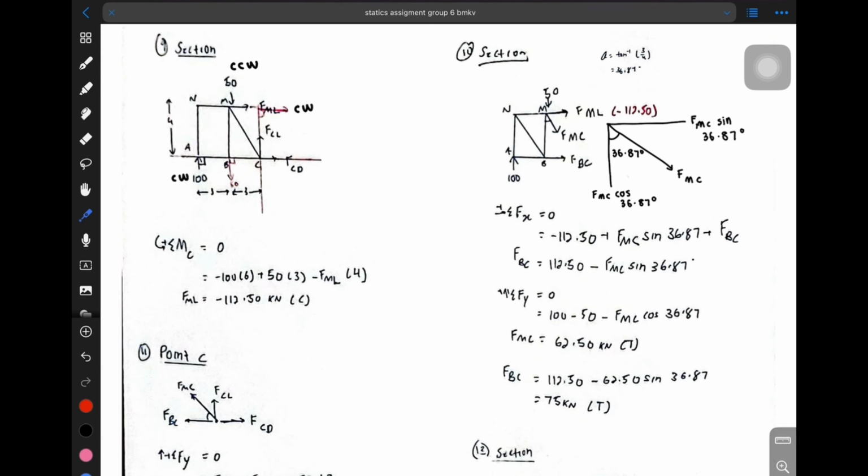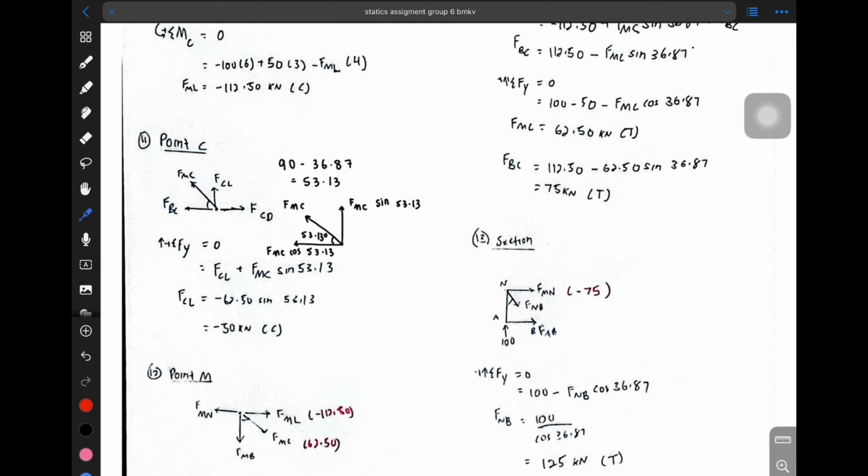So when we get the FMC, we can replace it in the FBC. So FBC equal to 112.50 minus 62.50 sin 36.87. So we get the FBC is 75 kilonewton and it is tension.